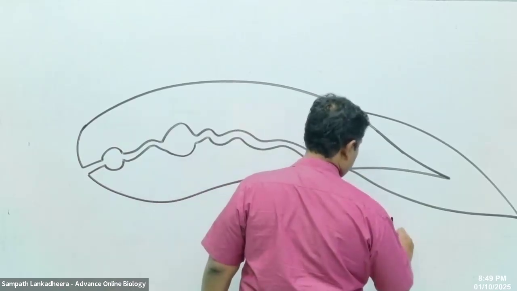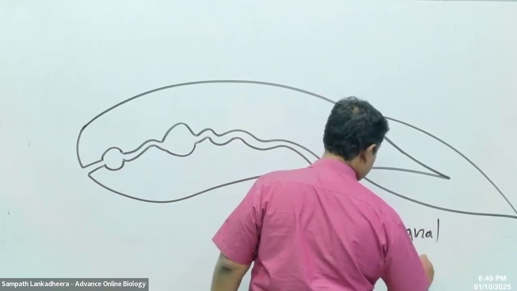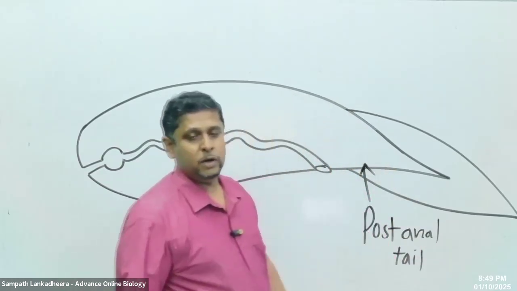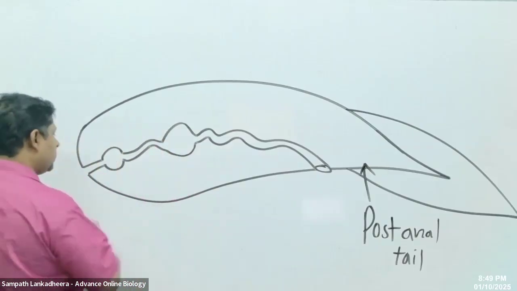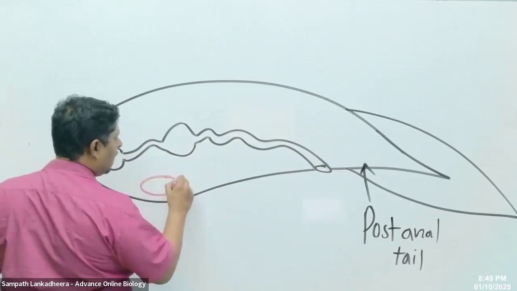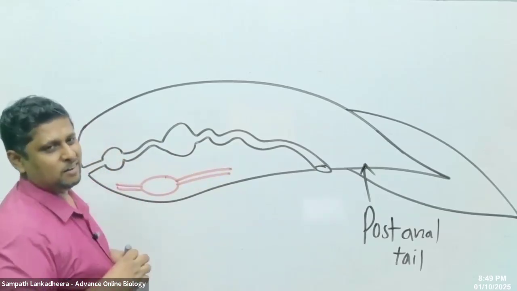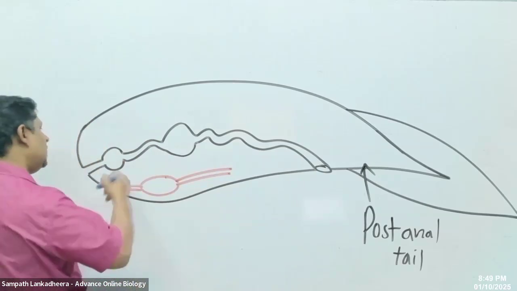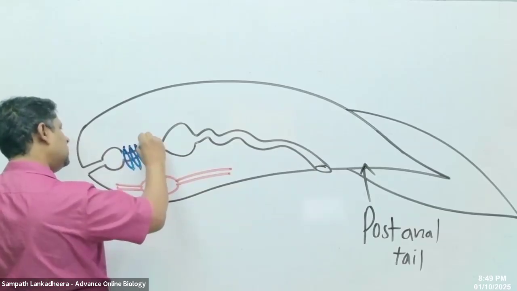Post-anal tail. This is called the post-anal tail. Beyond the anus, the tail. And then, my dear, here you can see a heart on the ventral side, ventral heart present. And you also learned that some openings are present. What do you call these?